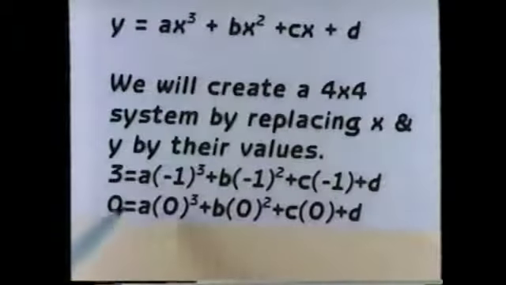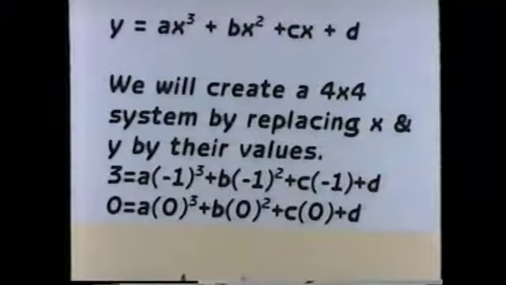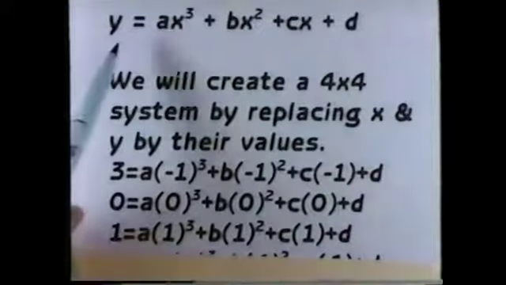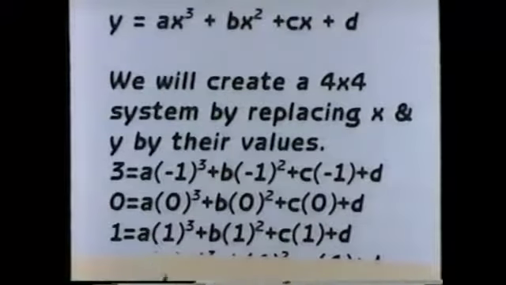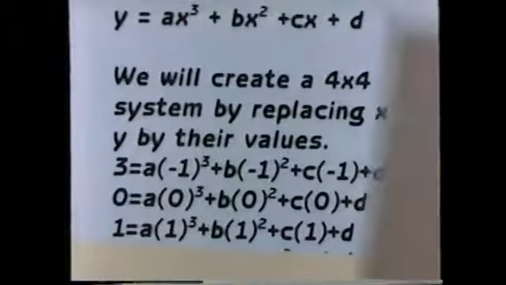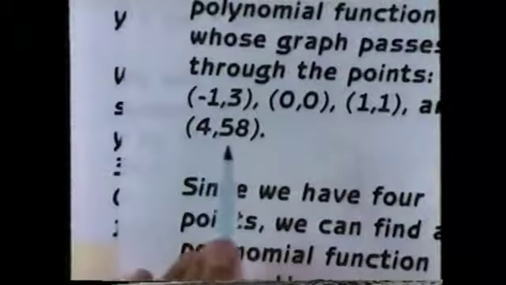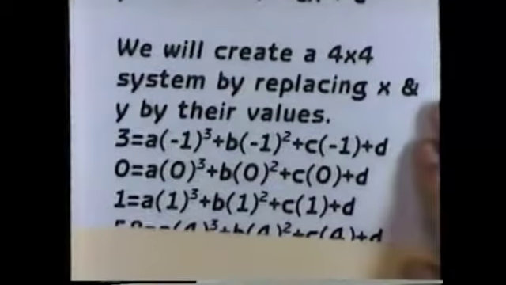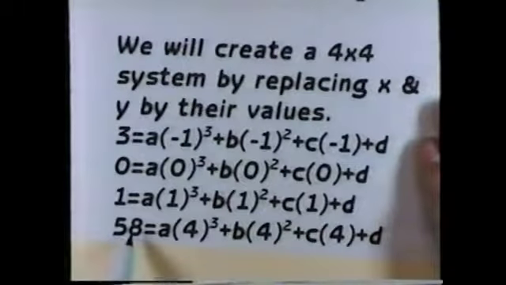So I replace y by 0 and x by 0. The third point was 1, 1. So we replace y by 1, replace x by 1. And the fourth point was 4, 58. X is 4, y is 58.